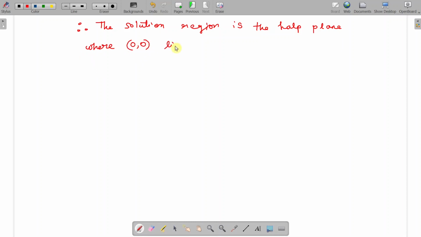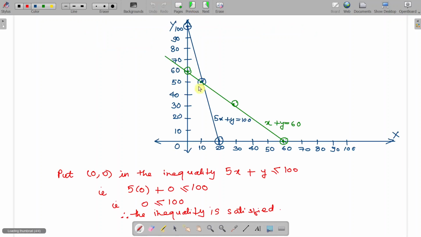Okay, so the solution region, if we mark it here, we are considering this line right here. So the solution region will be in this way.